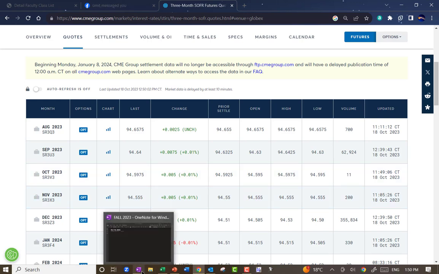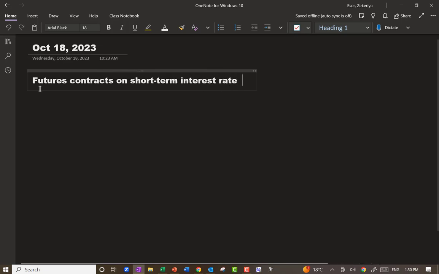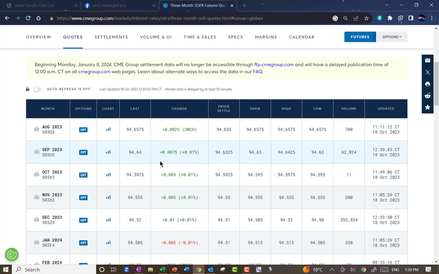The way these futures contracts work on short-term interest rates, the price is equal to 100 minus the reference rate. So if you look at, for example, the December contract, for which we get a lot of volume, the number is 94.52, okay?